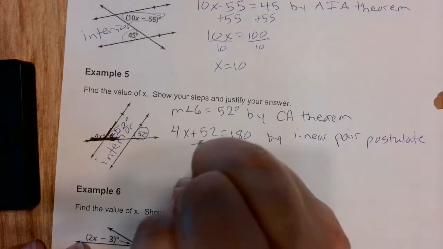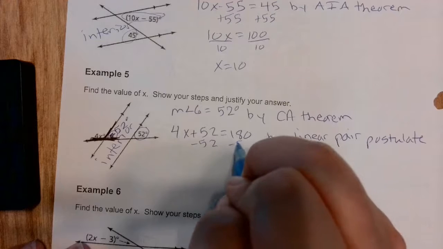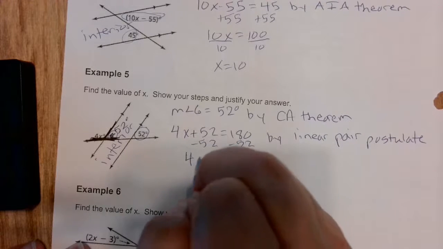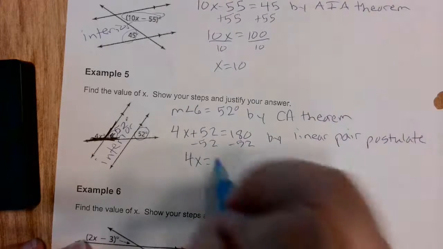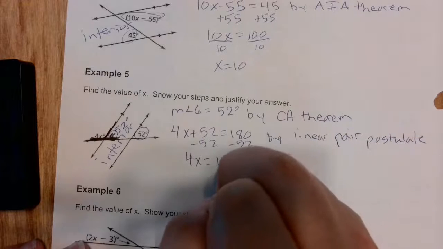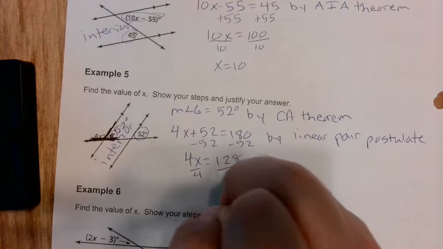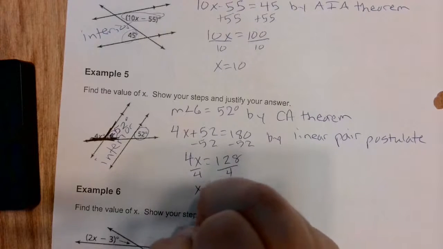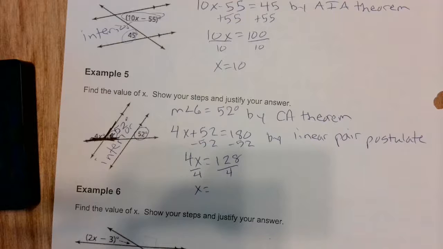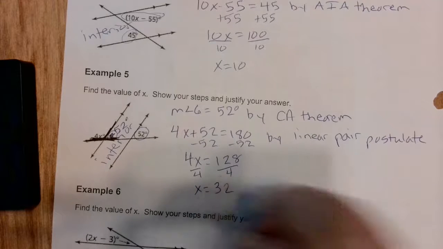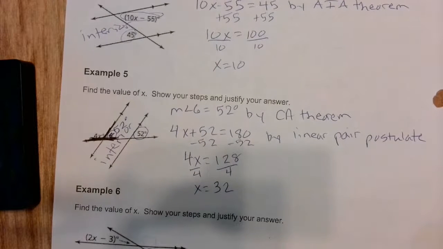And we can solve. Subtract 52 from both sides. 4x is equal to 128. Divide both sides by 4. X equals 32.